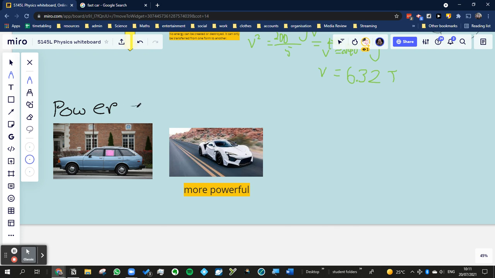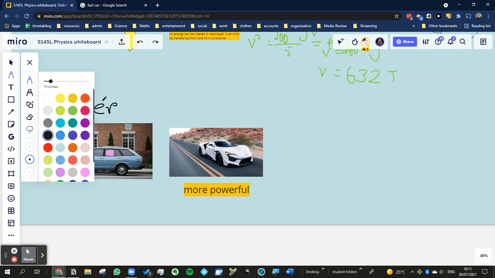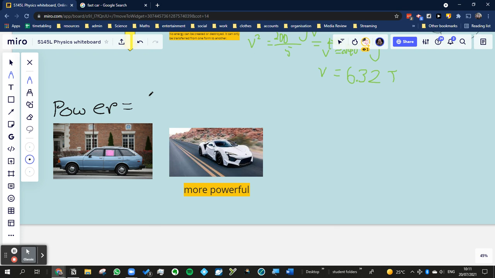So the power is equal to the amount of energy transferred divided by the time taken.